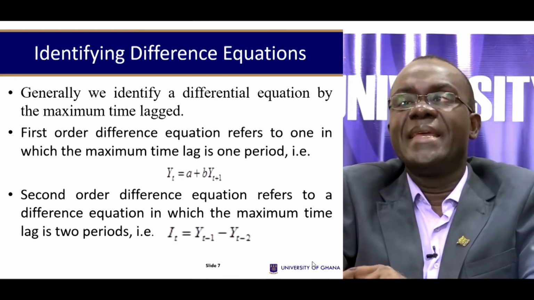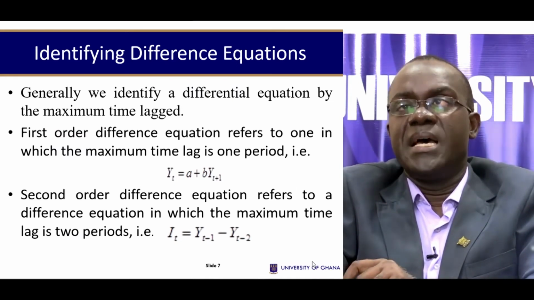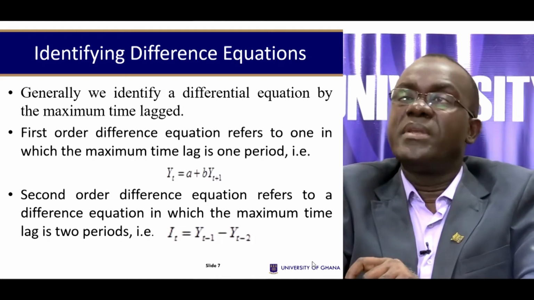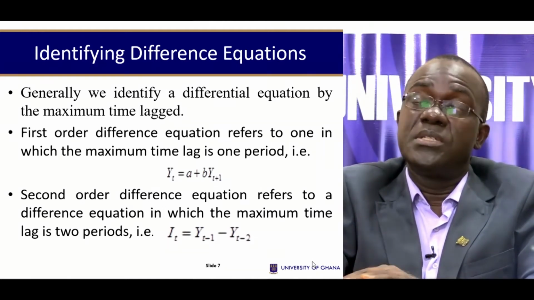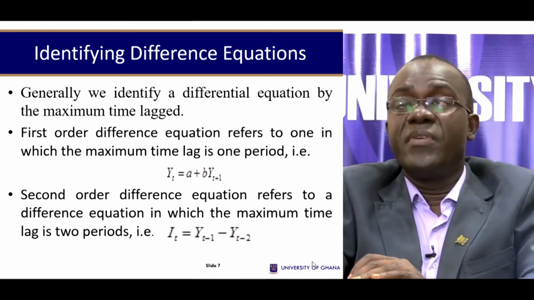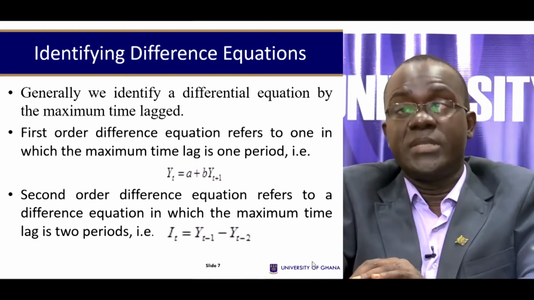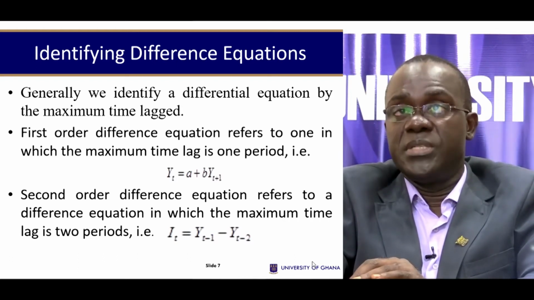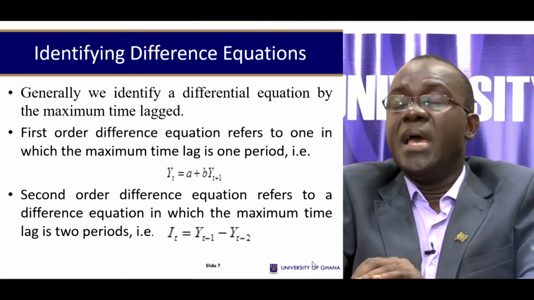Now, how do we identify difference equations? You recall that when we discussed differential equations, we named them using the degree and the order. In a difference equation, we use only the order to name it.